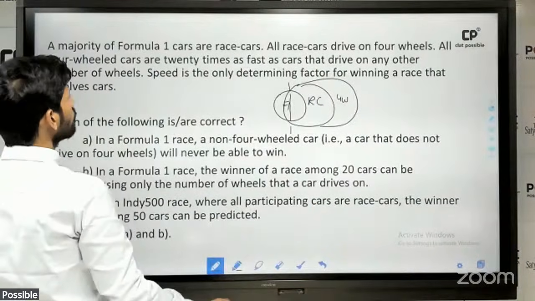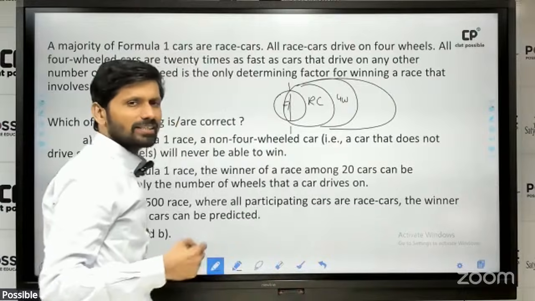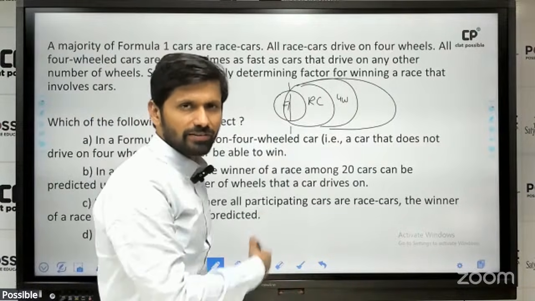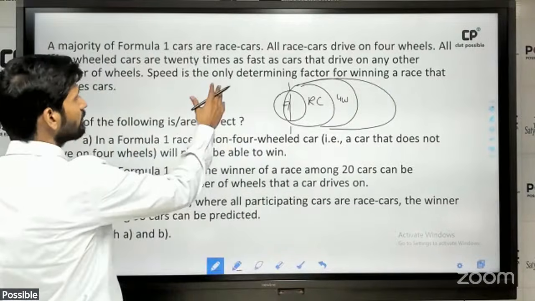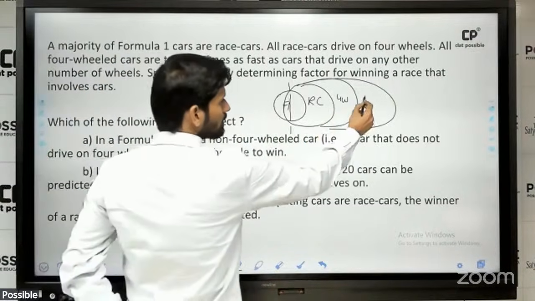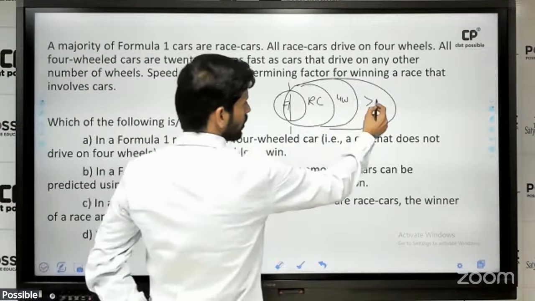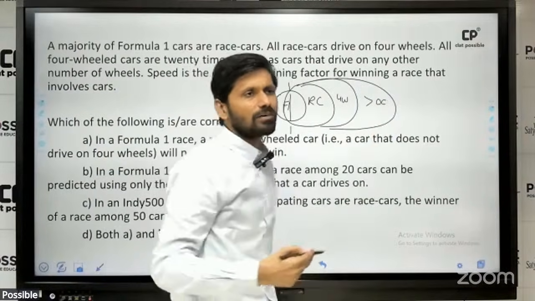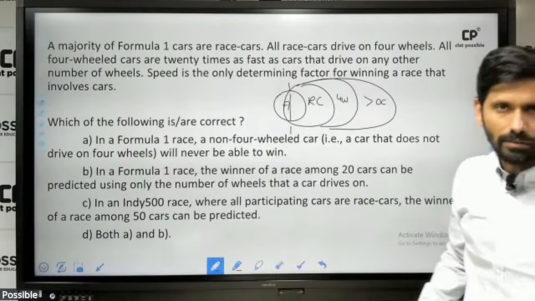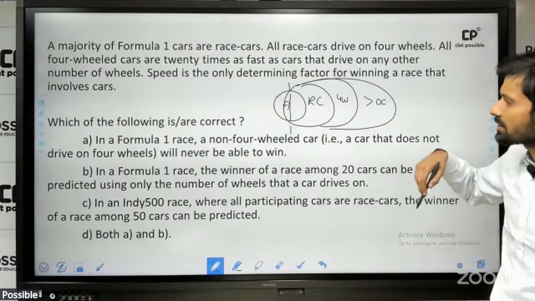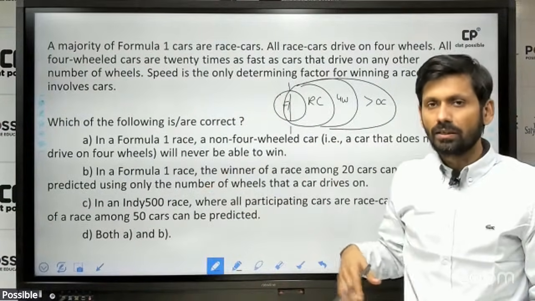And then it says all four-wheel cars are 20 times as fast. I think whether it is 20 or 15, that does not really matter. We have seen the options, that is not being tested. But what is being tested is which are fast. So four-wheeled cars are faster than any other sort of car. And any other car would mean a car running on 5 or 6 or 7 or 8 wheels, right? Other than 4 wheels, right? So they are the fastest amongst different cars running on different numbers of wheels.